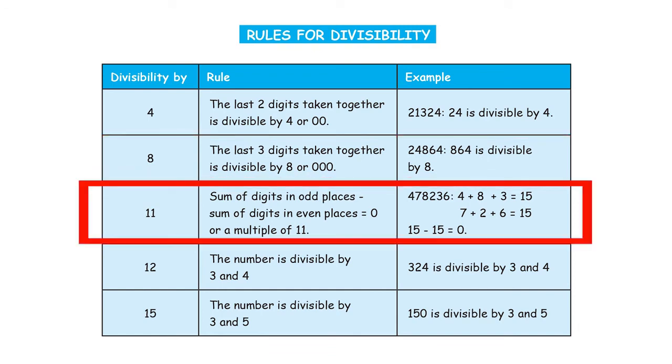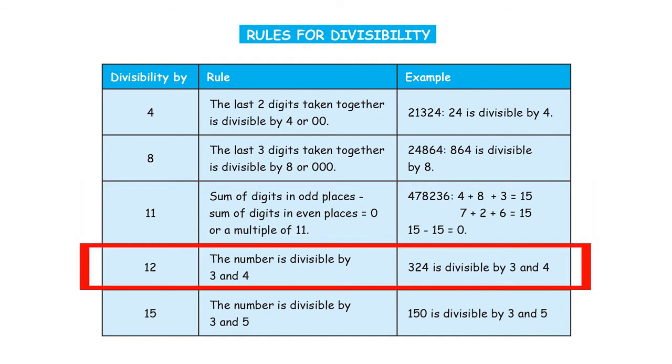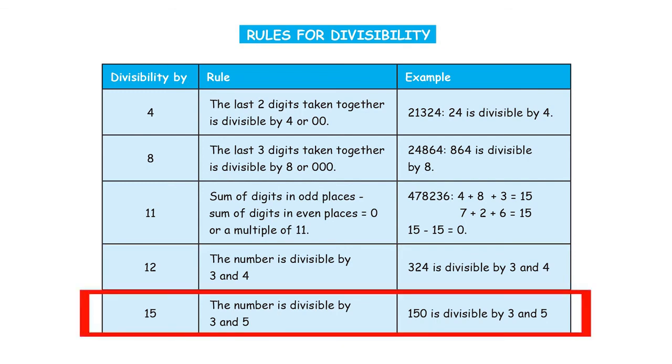And for 11, we take the sum of digits in odd places minus the sum of digits in even places. If that is 0 or a multiple of 11, we can say that the number is divisible by 11. For 12, we need to see if the number is divisible by 3 and 4. For 15, the test is if the number is divisible by 3 and 5.